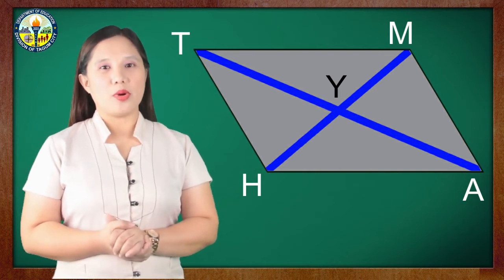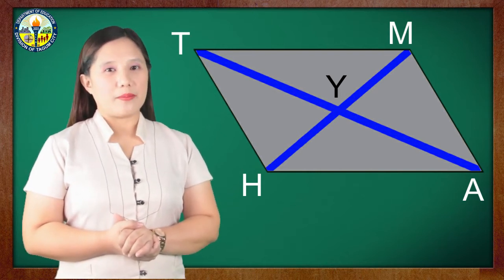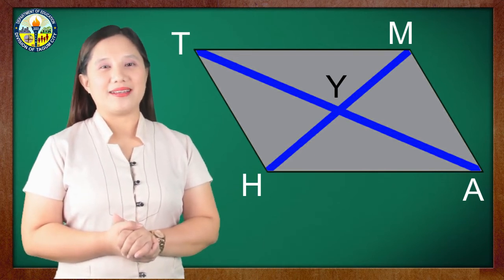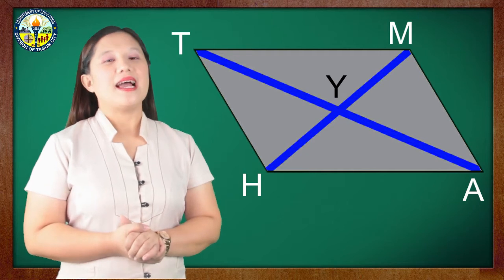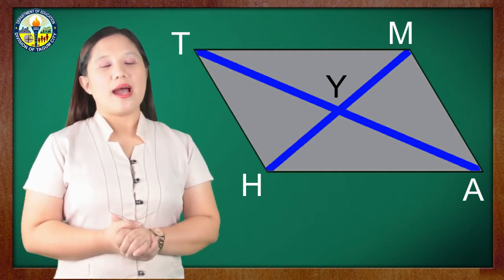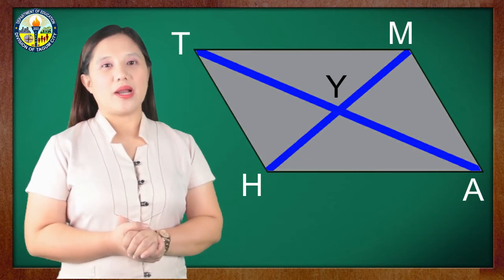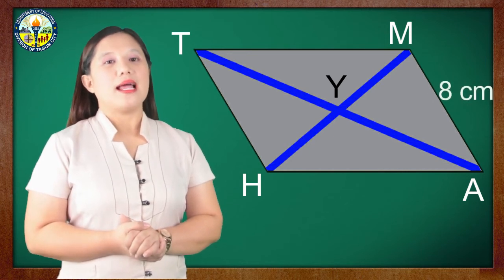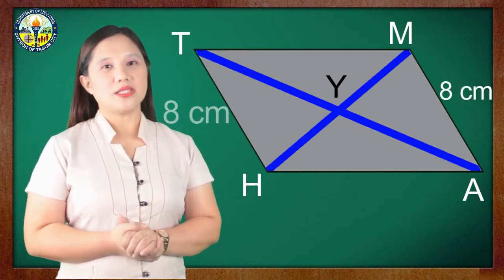According to property number 1, in a parallelogram, any two opposite sides are congruent or equal. Line segment MA and line segment TH are two opposite sides of the parallelogram, and line segment MA is 8 cm. Therefore, line segment TH is also 8 cm.